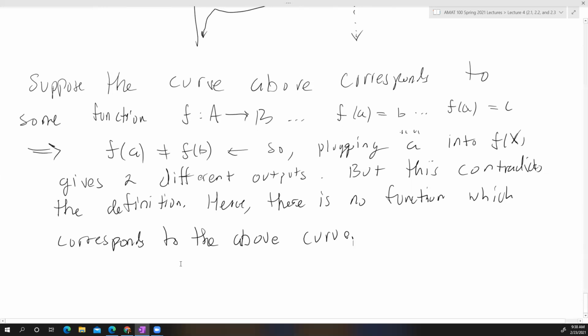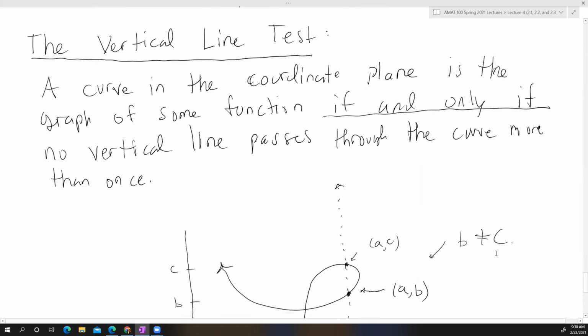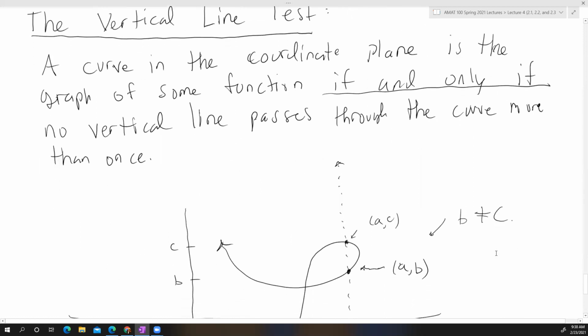So anyways, if you don't understand fully what's going on here, that's fine. I just wanted to illustrate to you and prove to you why the vertical line test is true. So let me just read this again. This is the vertical line test, and I gave a partial proof of it. The vertical line test states that a curve in the coordinate plane is a graph of some function if and only if no vertical line passes through the curve more than once.